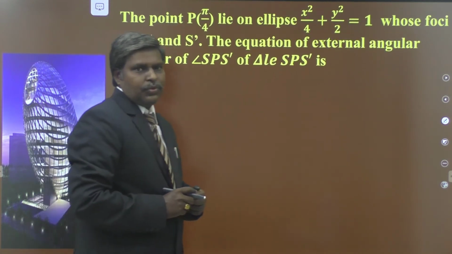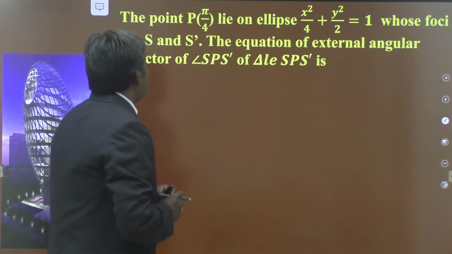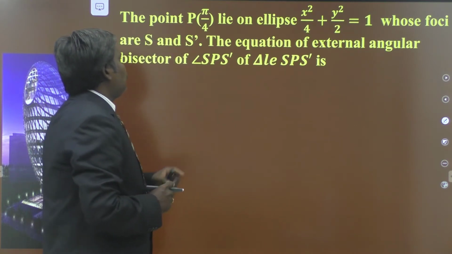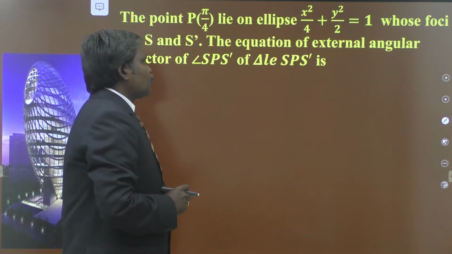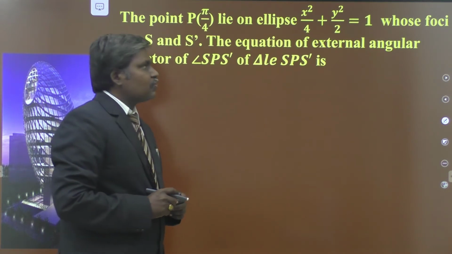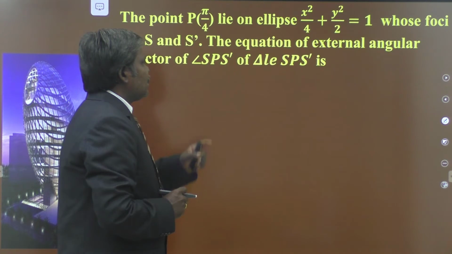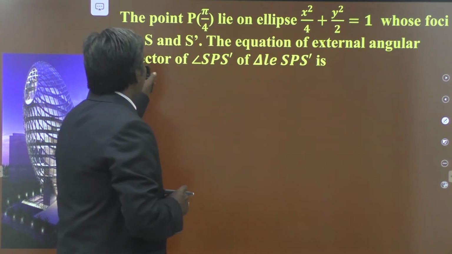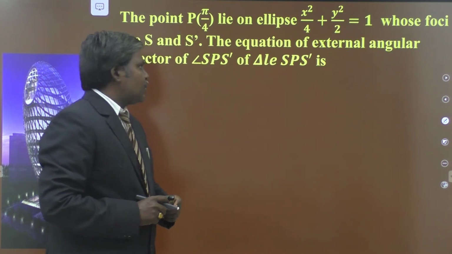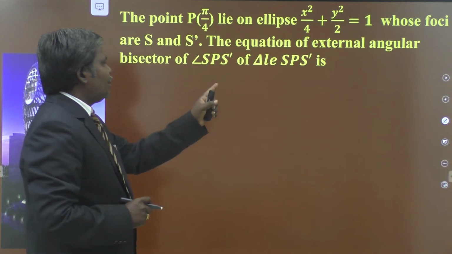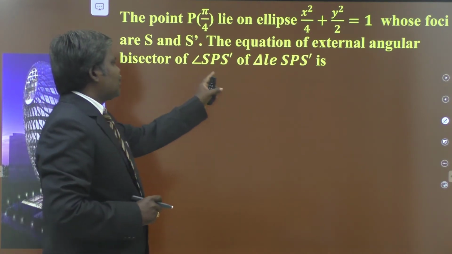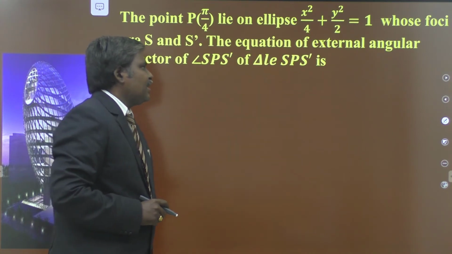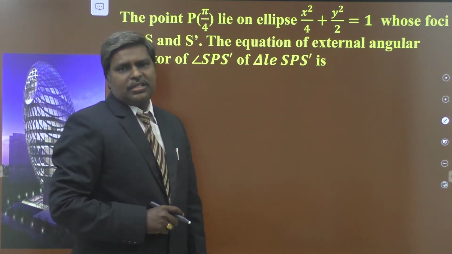This is the question. Very easy question for you. The point P of pi by 4 lies on the ellipse x square by 4 plus y square by 2 is equal to 1, whose foci are S and S dash. The equation of the external angular bisector of angle SPS dash of triangle SPS dash is what?